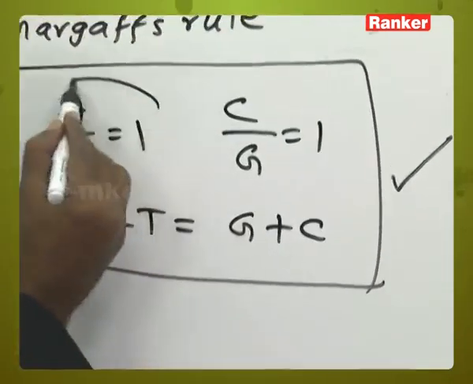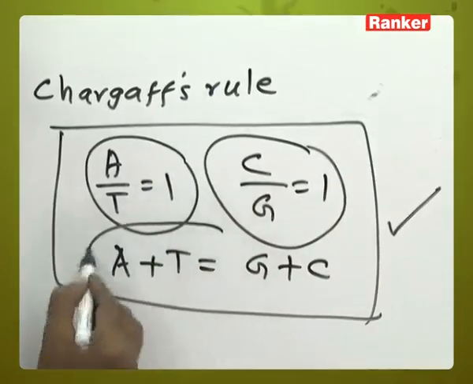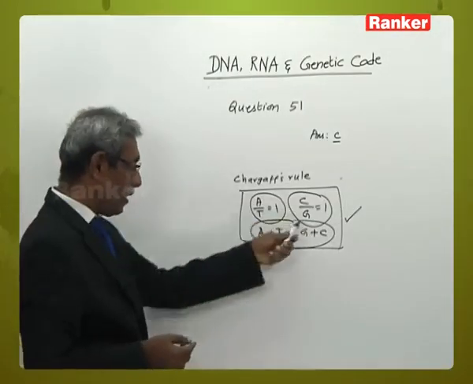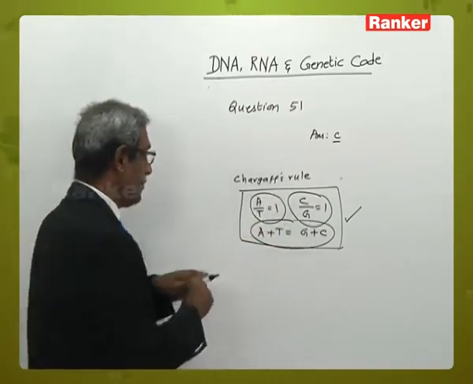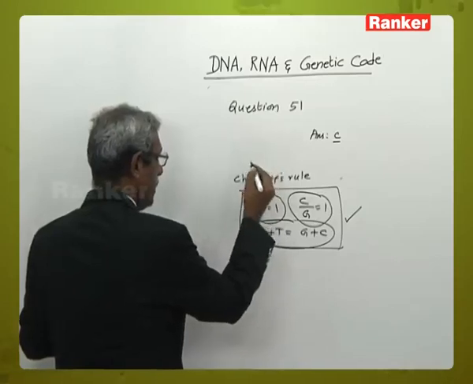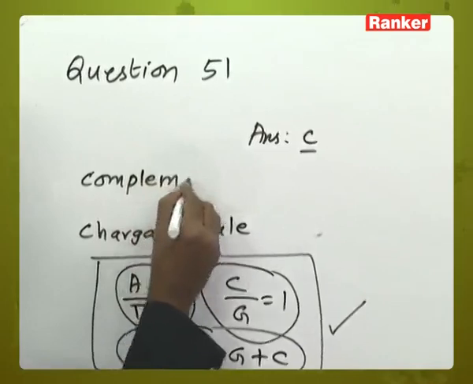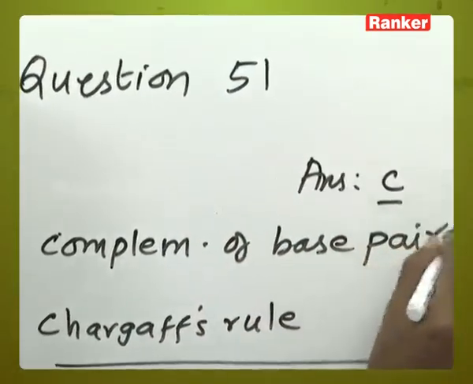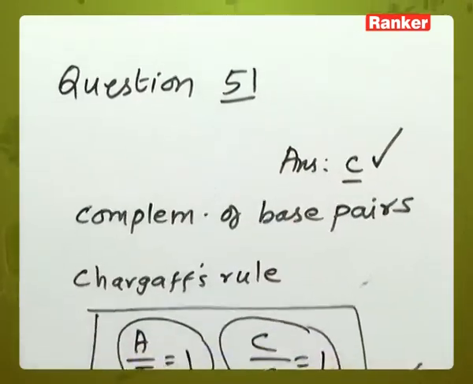Hence, every student should know how Chargaff's rule can be applied in different modes. All the three are right. So in an objective test, they could give you any one of these. So Chargaff's rule enunciates complementarity of base pairs. The answer to question number 51 is C.